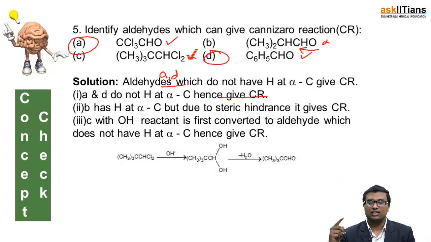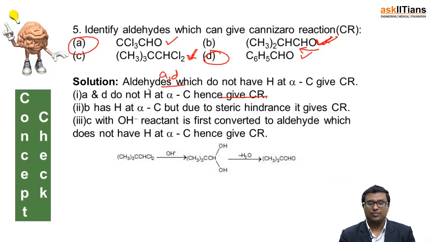You have to consider the concept of steric hindrance. Because of that, even though you have alpha hydrogen, it still gives your Cannizzaro reaction. This is a very important point. So yes, because of steric hindrance, B also gives the Cannizzaro reaction.